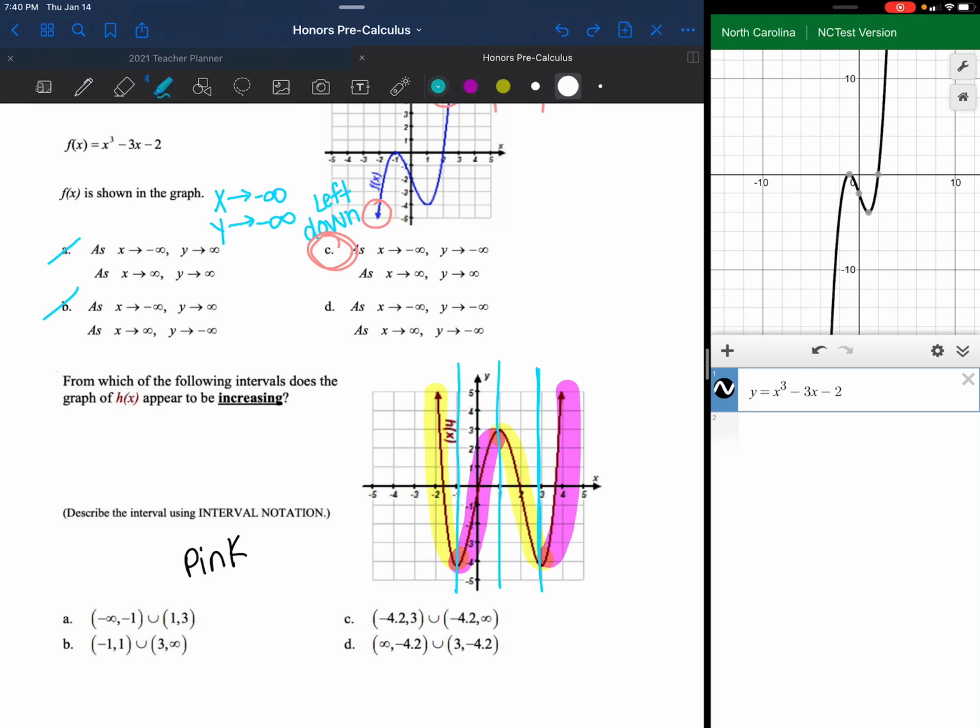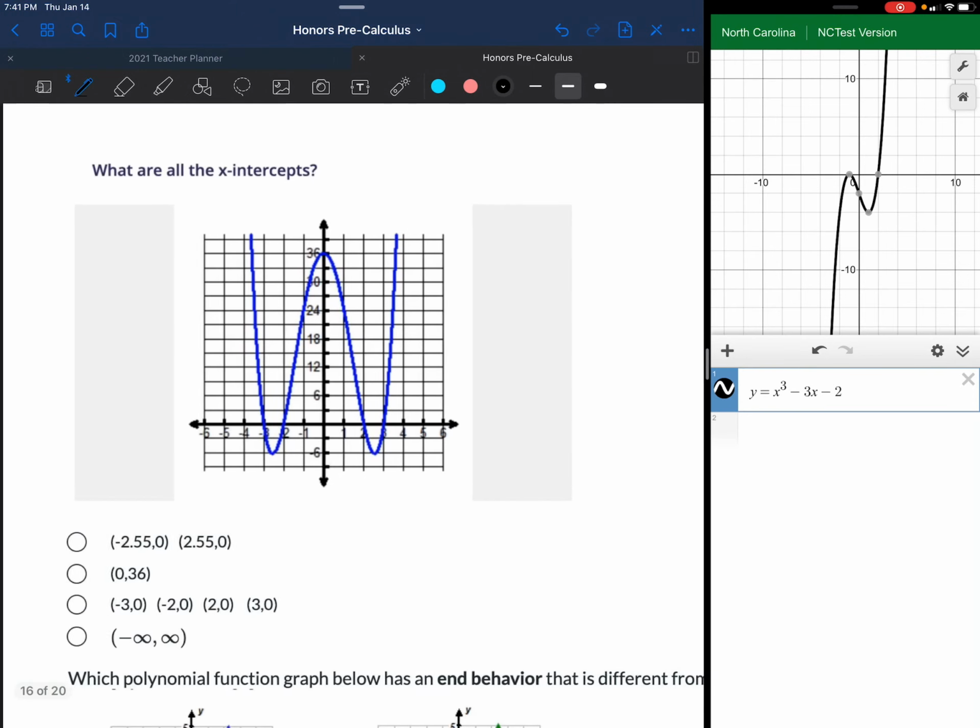Actually, let me highlight. That might be a little bit easier to see. So we have this area right here that was increasing, and we have this area right here that was increasing. So we are looking for from -1 to +1, and from 3, and it's going to keep going to infinity. So we have -1 to +1, and then 3 to infinity, where it was increasing.